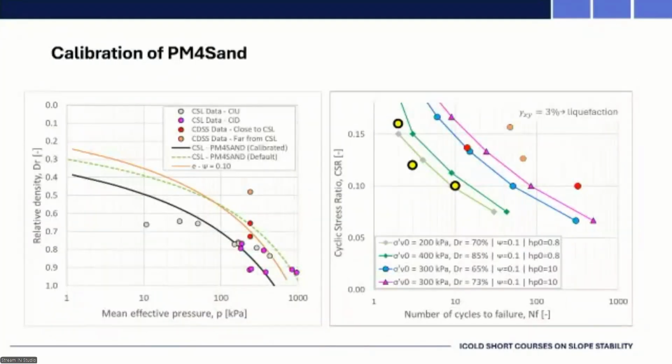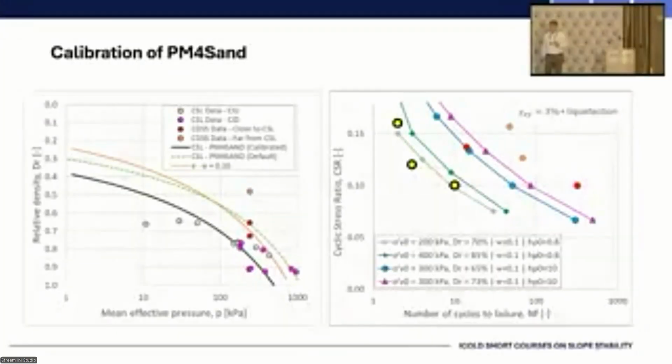Okay, now let's calibrate PM4 Sand. The very large black circles with yellow inside are very poor test results that we used in a previous study very close to this one, and those were provided to us.